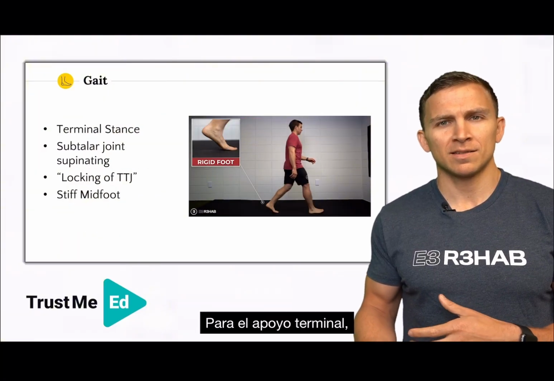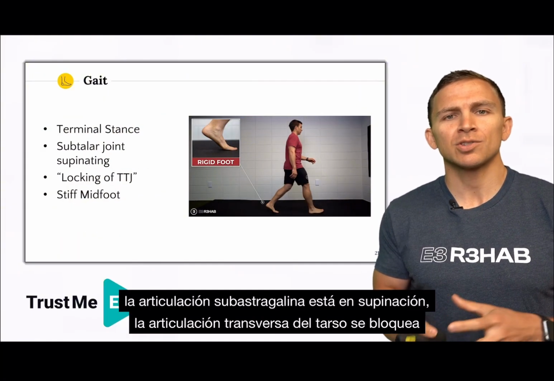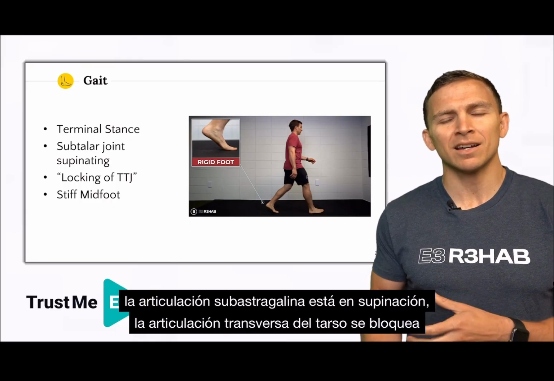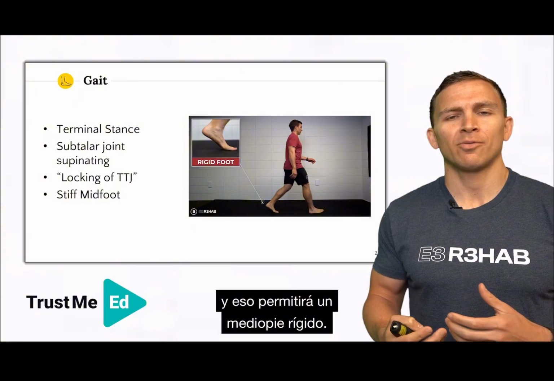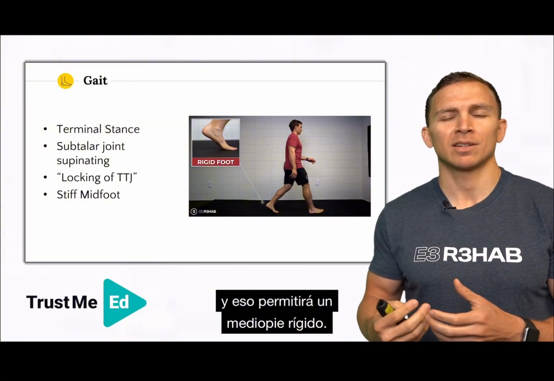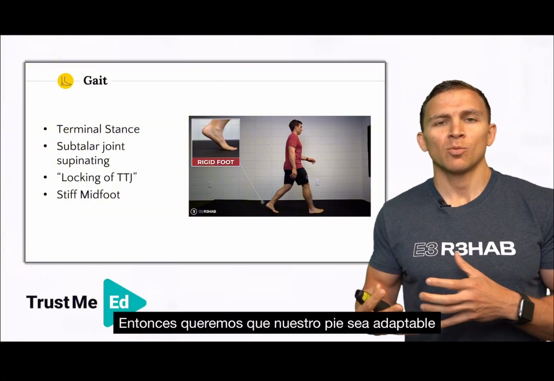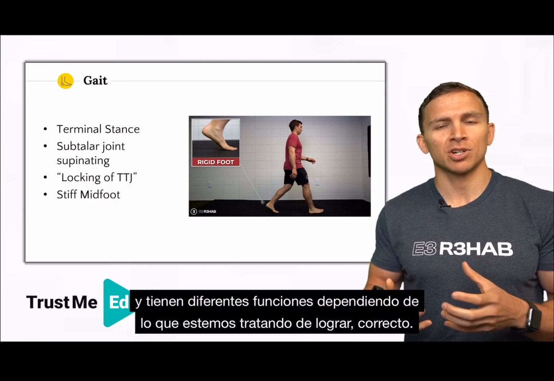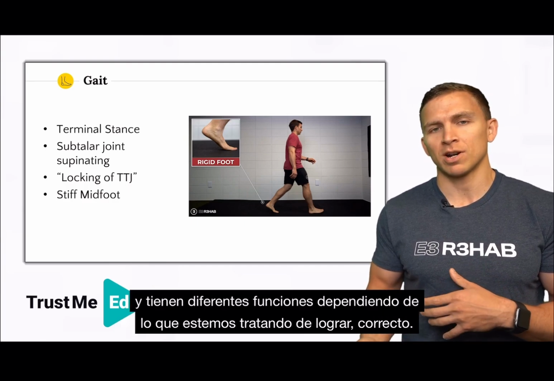For terminal stance, the subtalar joint is supinating. That transverse tarsal joint is locking, and that's going to allow for a stiff midfoot. Okay, so we want our foot to be adaptable and have different functions depending on what we're trying to accomplish, right?